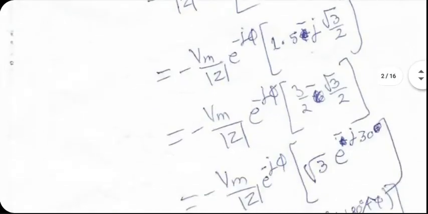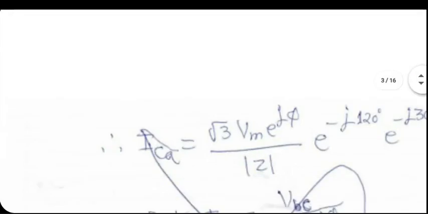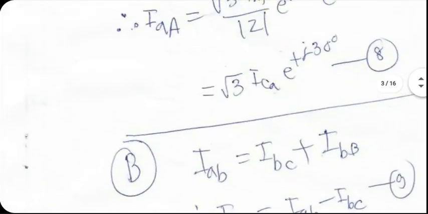Let's see, what did I get? Yeah, the phase current ICA magnitude multiplied by square root of 3 will give you the line current IAA's magnitude. And in addition, there is a phase shift of 30 degrees in IAA.